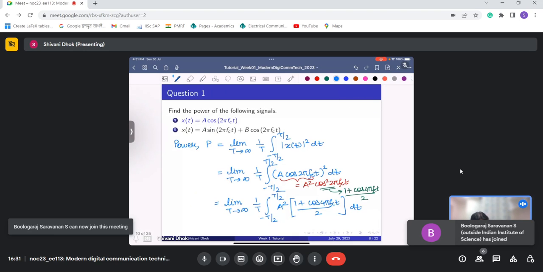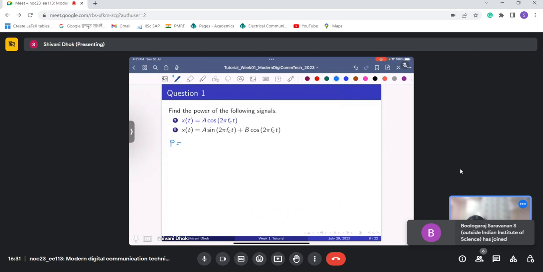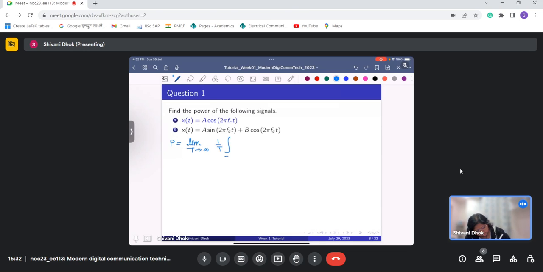Okay, so what we have here is P equal to limit T tending to infinity 1 by T integral minus T by 2 to T by 2 of A squared by 2 times (1 plus cos 4 pi fc t) dt.